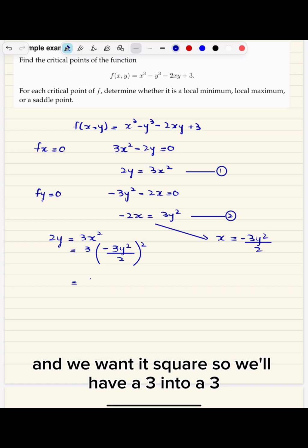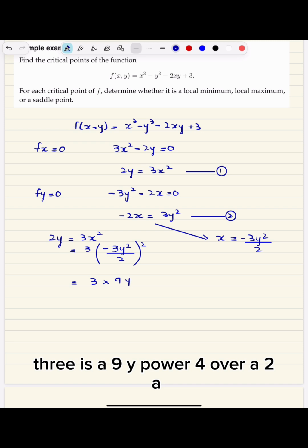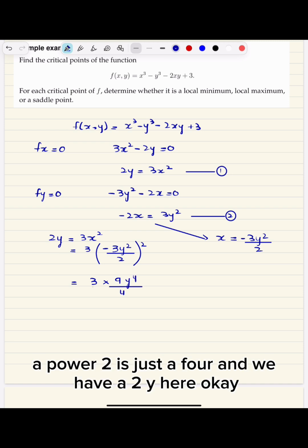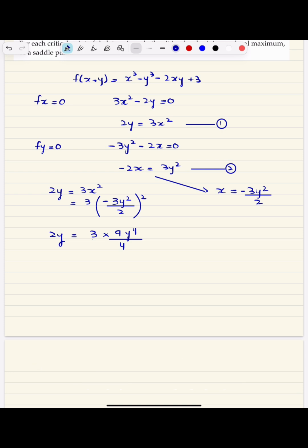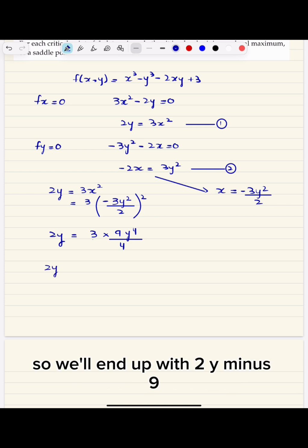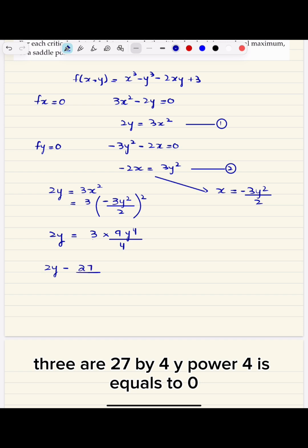So we'll have 3 times 3, 9y power 4 over 2 power 2, which is 4, and we have a 2y here. So we end up with 2y minus 27 by 4 y power 4 equals 0.